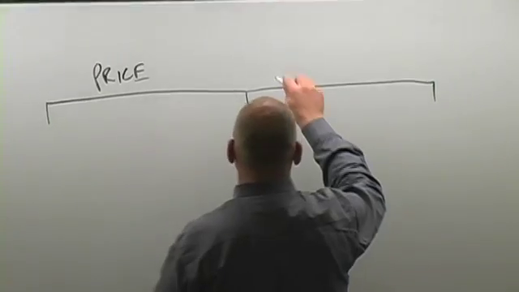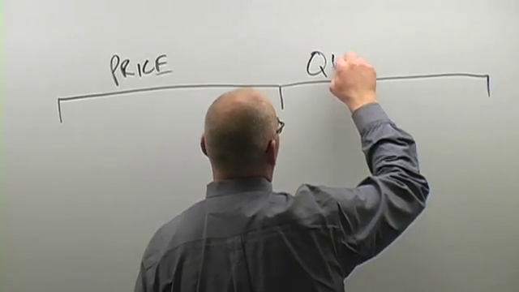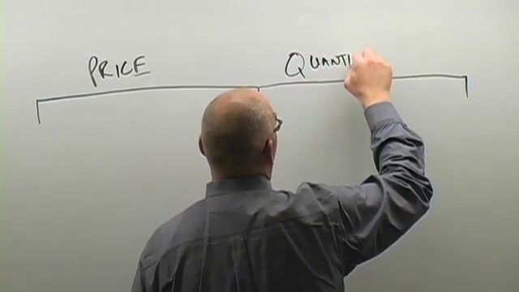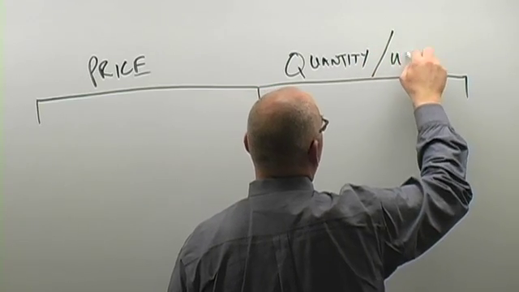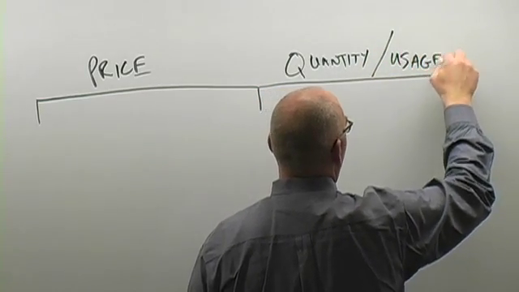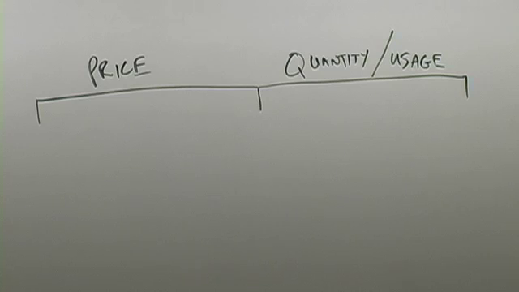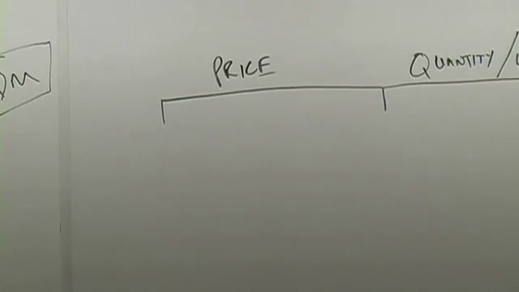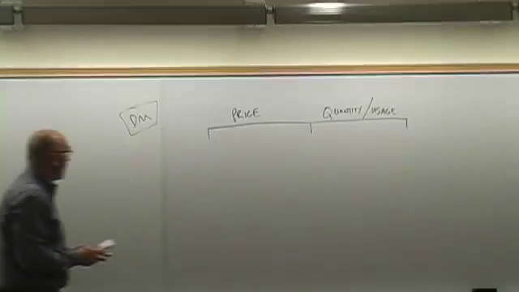Quantity. The name of this variance can also be usage. It's called the quantity variance, and it's sometimes also called the usage variance. And notice we are doing the variance calculation for direct materials right now. Okay?